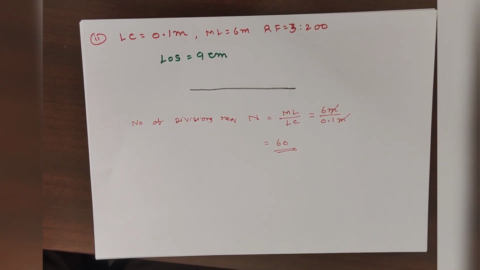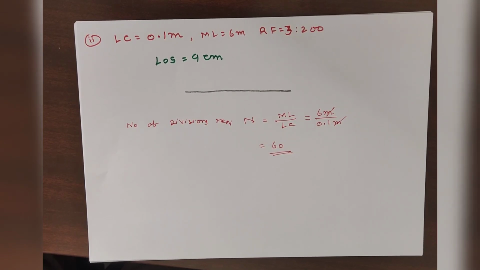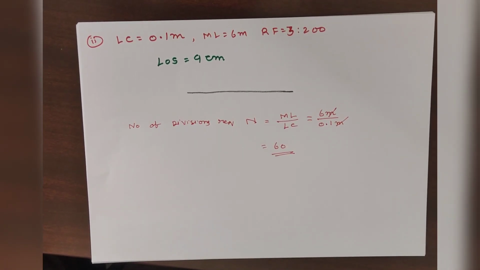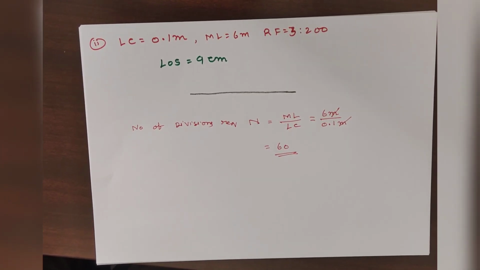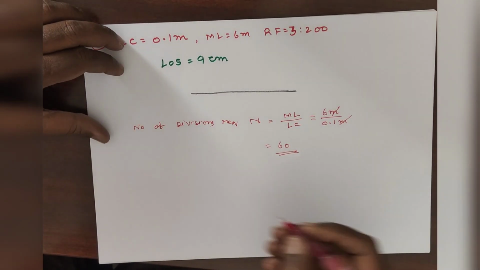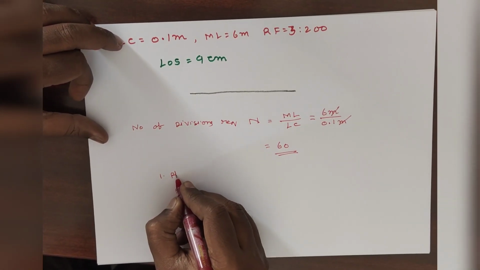Sir, is it possible to divide it into 60 equal parts? Is it that easy? No, sir. Then what do I have to do? Now the real picture of scales will come into the picture. So we have different types of scales. What are they? One is the plane scale.